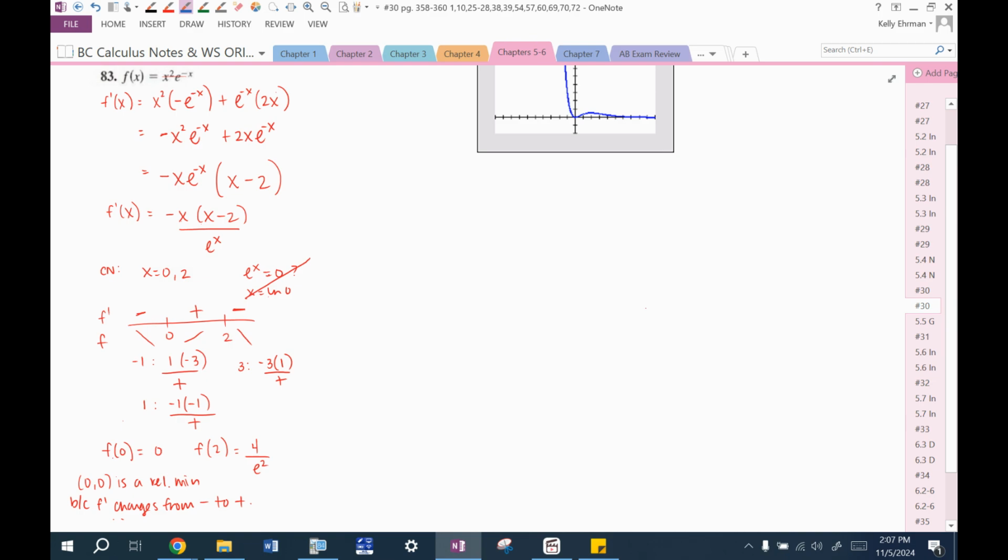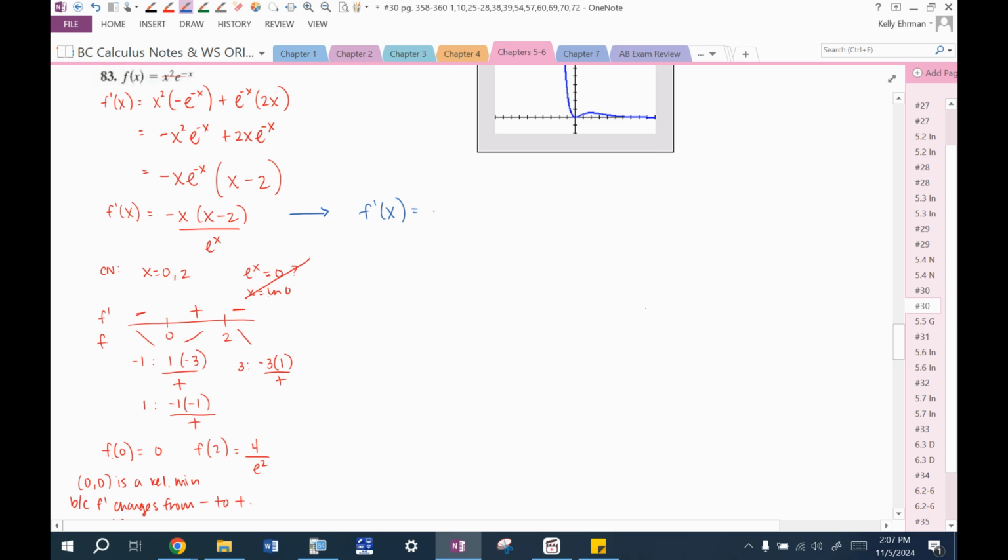For points of inflection, we need the second derivative. So second derivative, I want to go back from this line here. I'm trying to think of what would be the easiest thing to use. I'm going to have to use product rule or quotient rule.